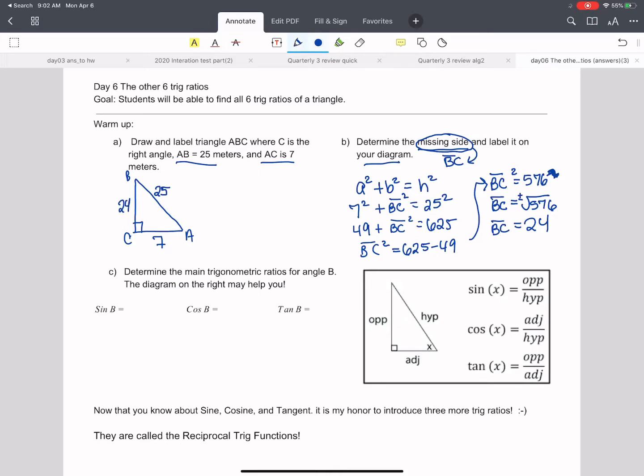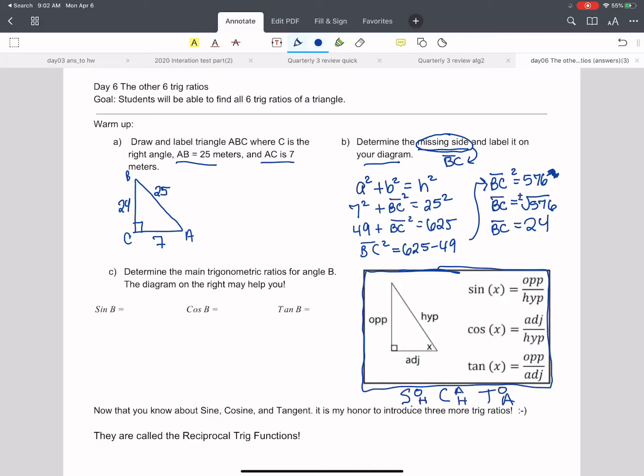Okay. Now, you're going to use this diagram and find the sine of B, the cosine of B, and the tan of B. And here's a little reminder of those. As many of you are familiar with this, you may know it as SOH CAH TOA.